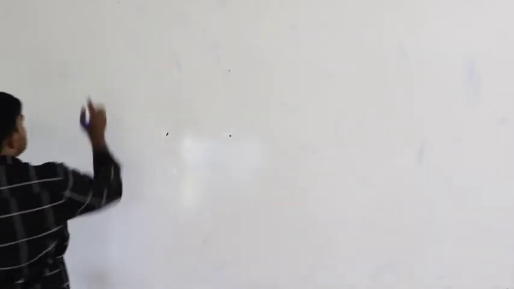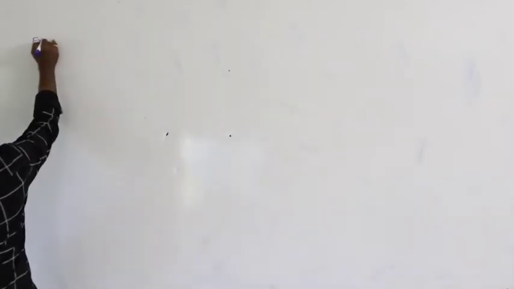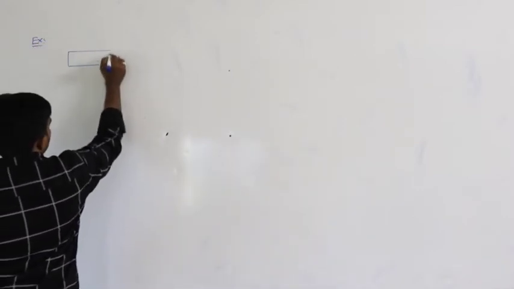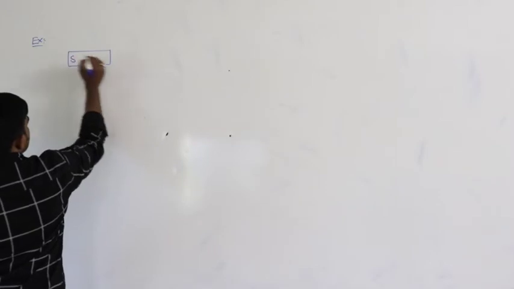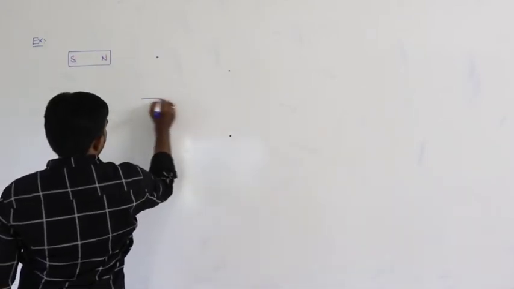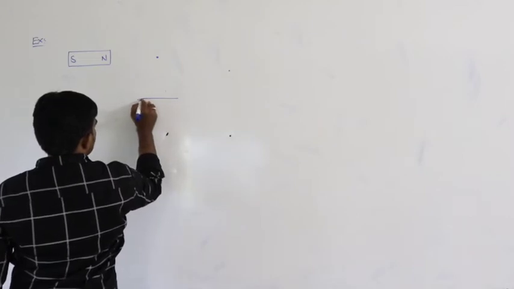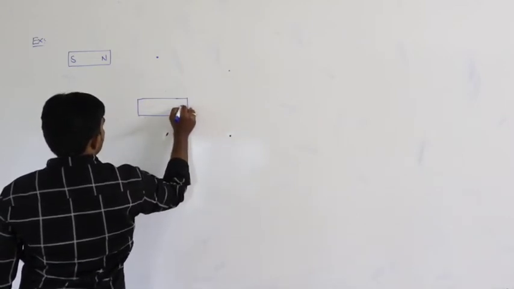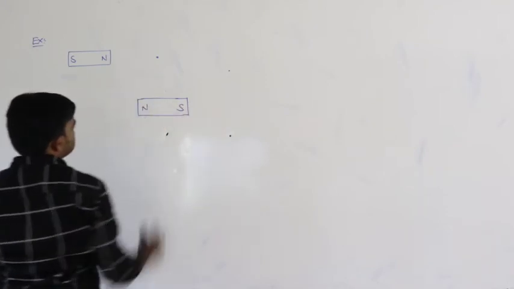Next, one more condition in this, let us do an example. This is south north, and at this position one more magnet is placed like this, also south north.